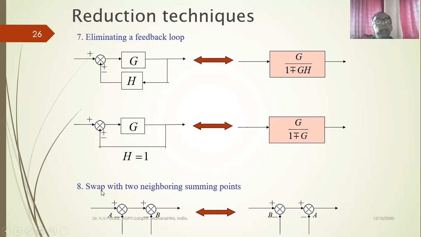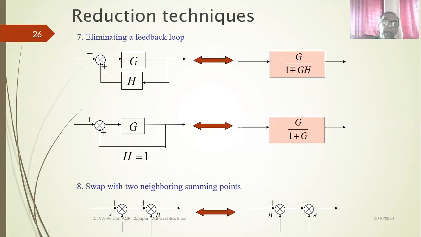Now rule number 8, swap with 2 neighboring summing points. See, this is the original block diagram where 2 summing points are there, summing point A and summing point B. Now this rule is valid when there is no block between the summing points. When there are no blocks between the summing points, I can swap. I can just exchange.